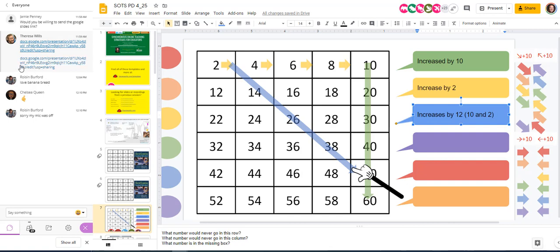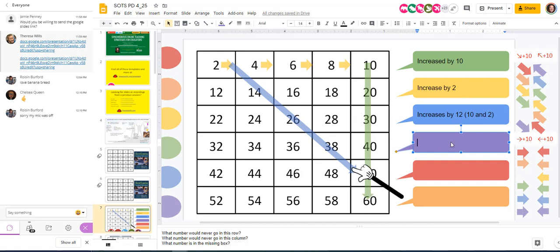Very cool. All right, let's hear Tamika, what do you see? Thank you. I see the exact same thing, but the opposite directions. So it's decreasing by 12.